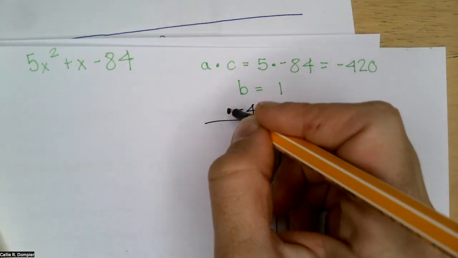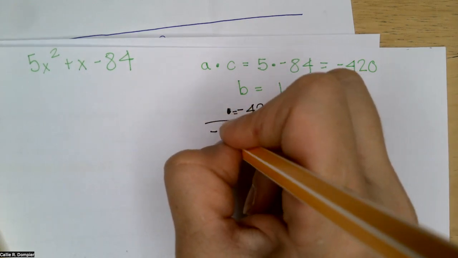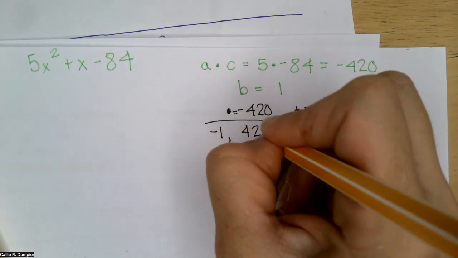Okay, if it's going to multiply to a negative but add to a positive, that means I'm going to do negative 1, positive 420.